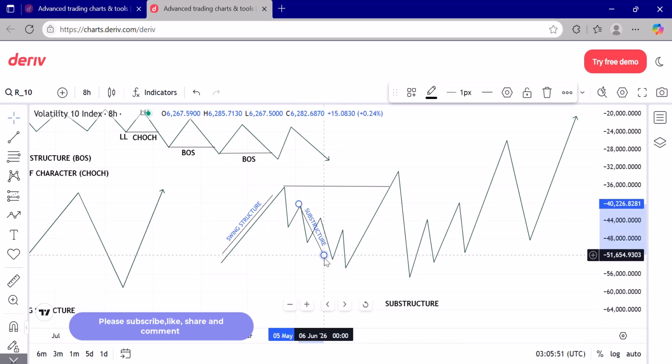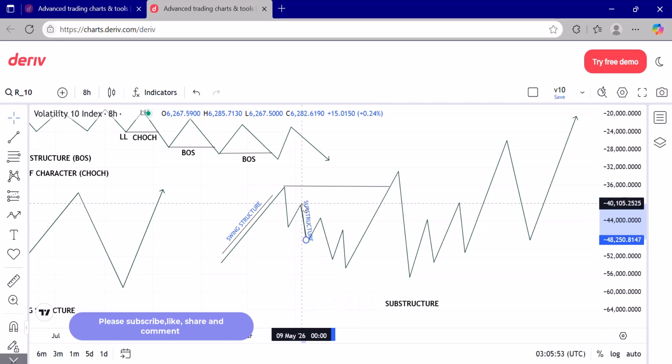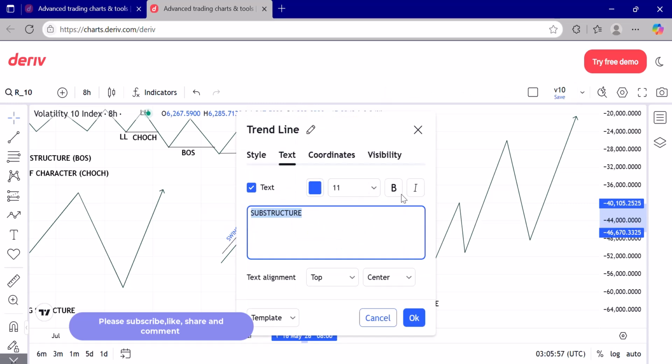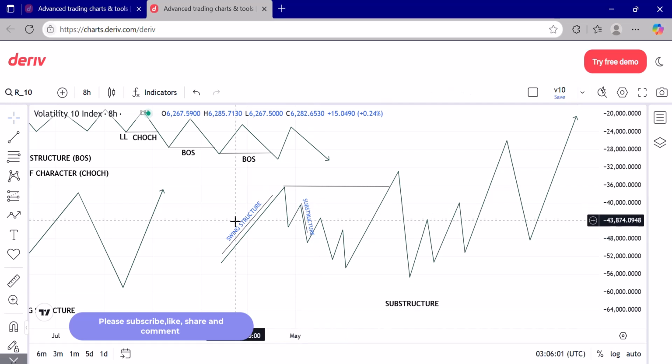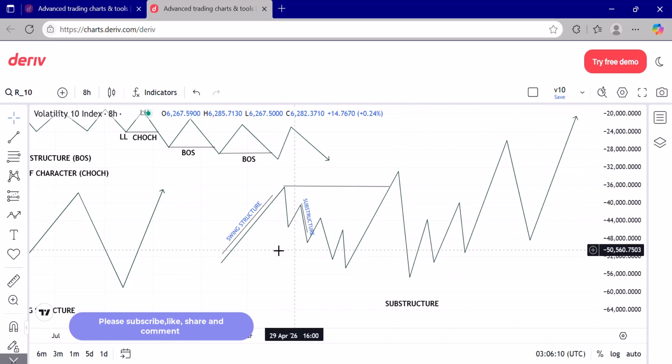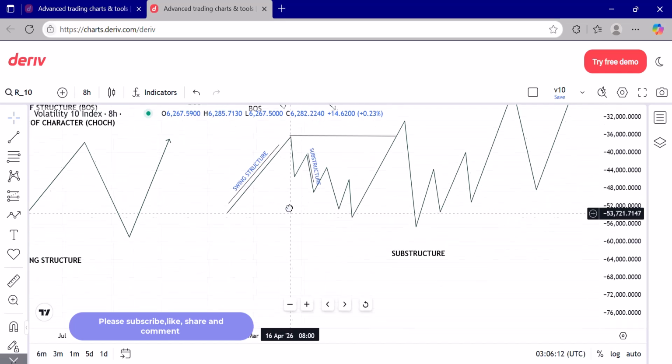So these are substructures, swing structures, substructures, and then there's another swing structure, and then it goes substructure, substructure. So that's how the markets move.